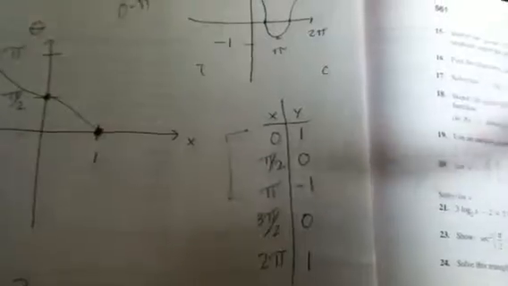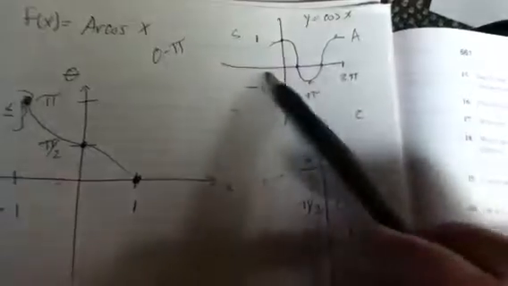So if I want to graph the inverse function, I can just go (1, 0), (0, ...). I can just graph them backwards. Also, this axis is going to be the horizontal axis now. In other words, I'm going to have my degree measures on the vertical axis.